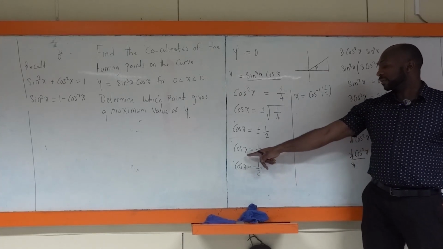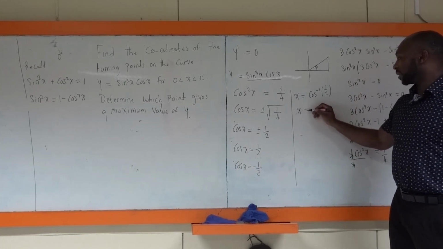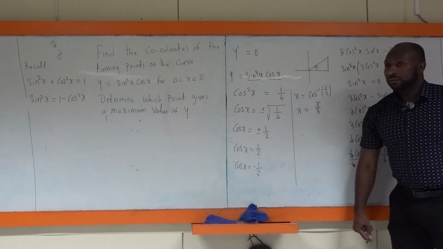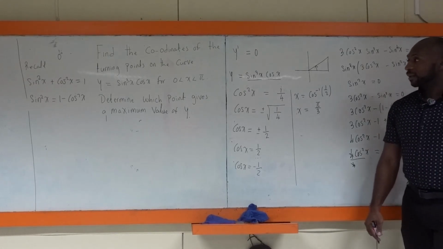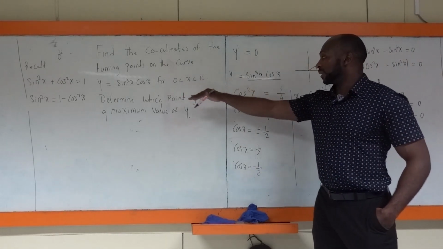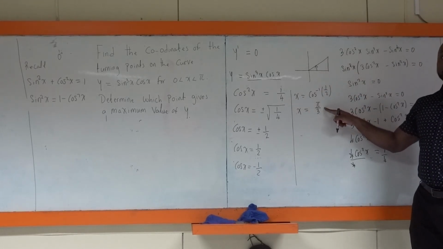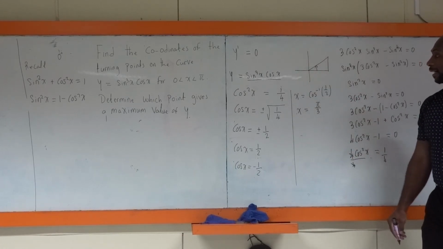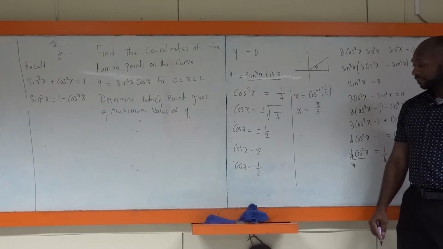So therefore, x must be 60 degrees, or x must be equal to pi over 3. Since for this given domain, x is only in the first quadrant, we have only one particular value, because in the second quadrant, the cosine ratio is negative.